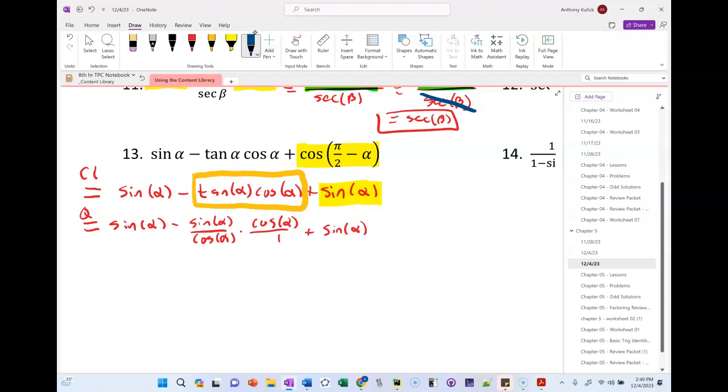And why is that an improvement? What does that allow us to do by changing that? Yeah, we can reduce out the cosines. And what can I do now?